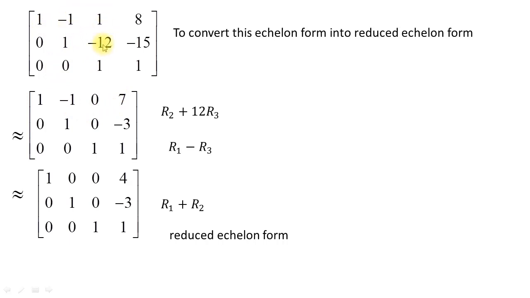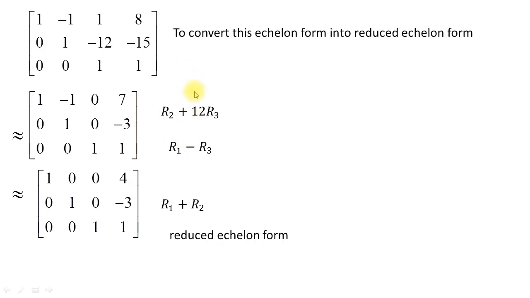For this purpose, multiplying the third row by 12 and adding to R2, we obtain here 0, and 1 minus 1 0 7, and 0 1 0 minus 3, 0 0 1 0.